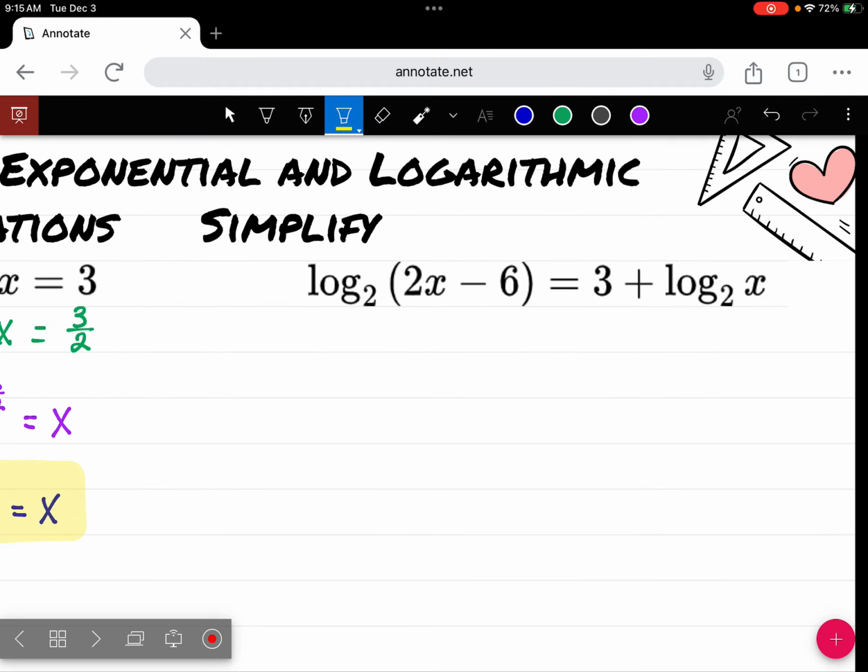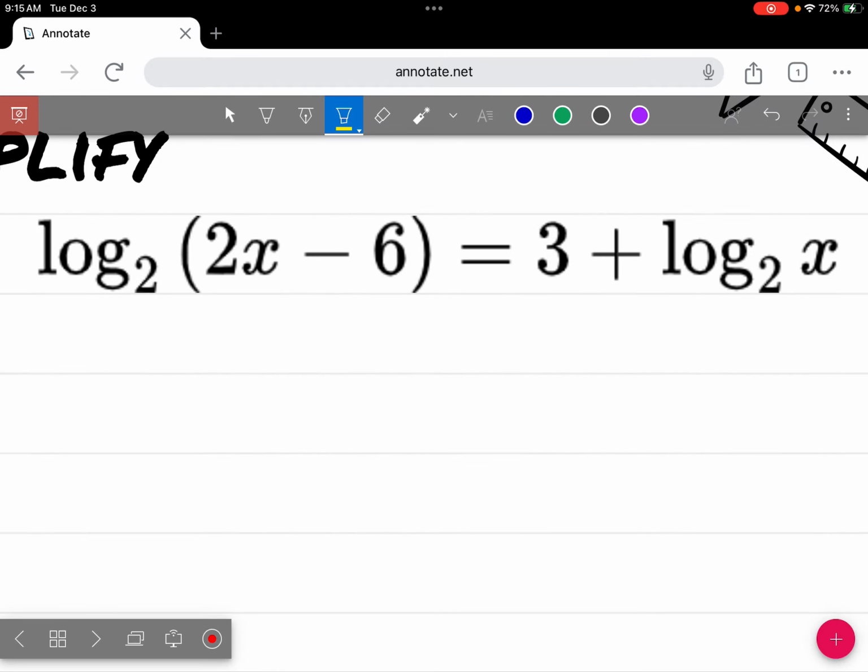The one on the right is probably the most annoying, because I've got some logs and I have some not logs. So we have log base 2 of 2x minus 6 equals 3 plus log base 2 of x. What could we do over here? This is our last one, by the way.